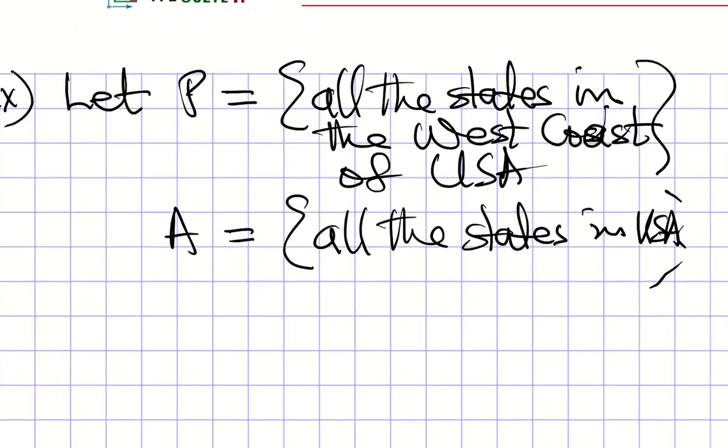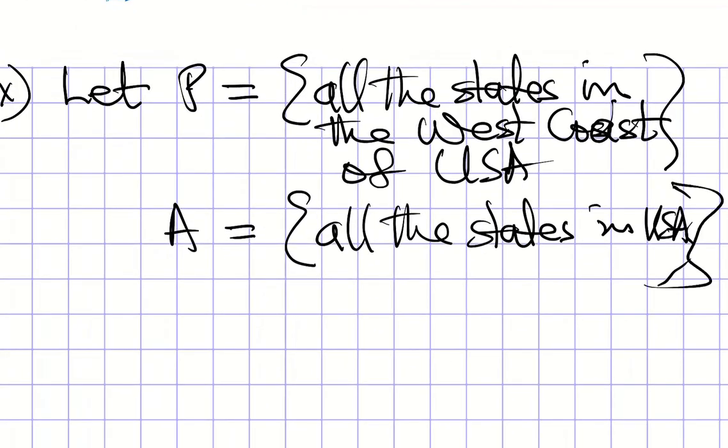So if you have that, then you can see that A contains more elements than P, right? Because A contains 50 states. P contains only 3 states like we described before.